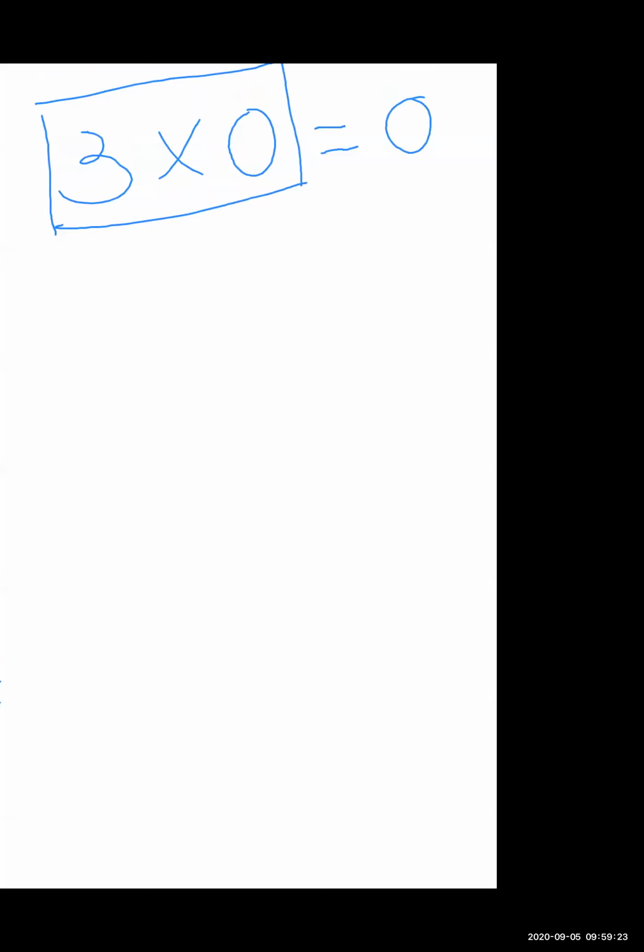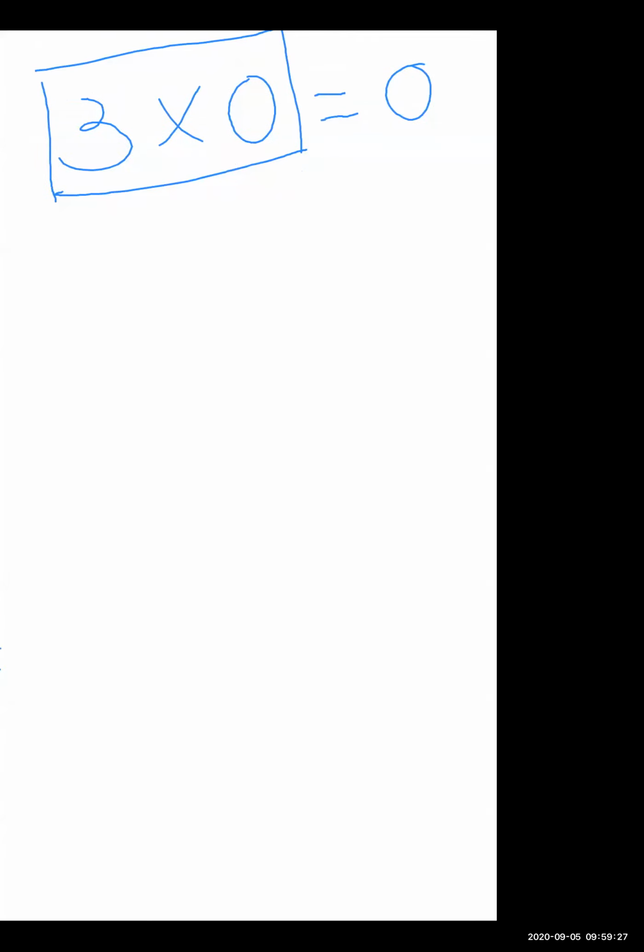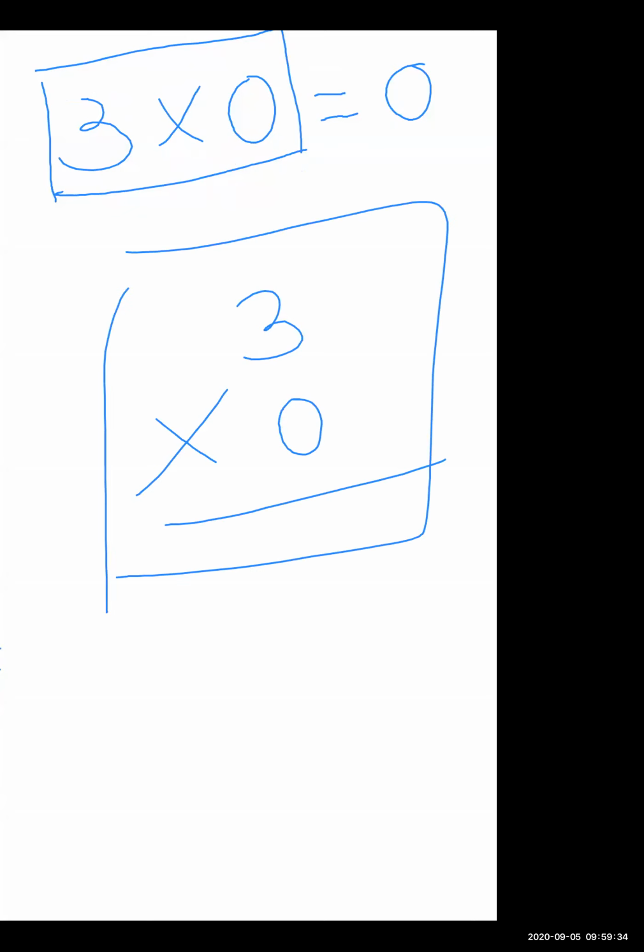See, 3 into 0. This is the vertical arrangement of multiplication. The same way, 3 multiplied by 0 means 0. Getting my point?